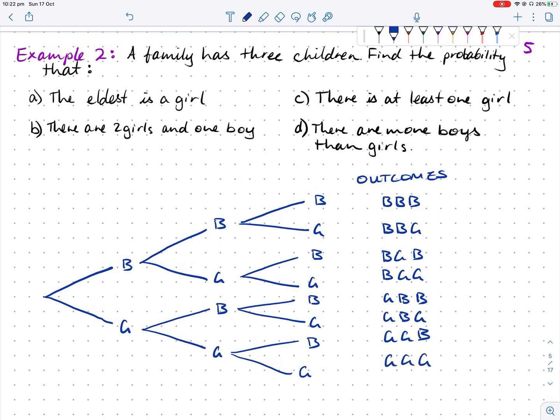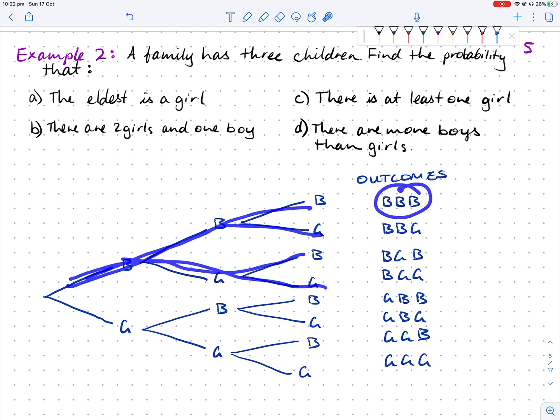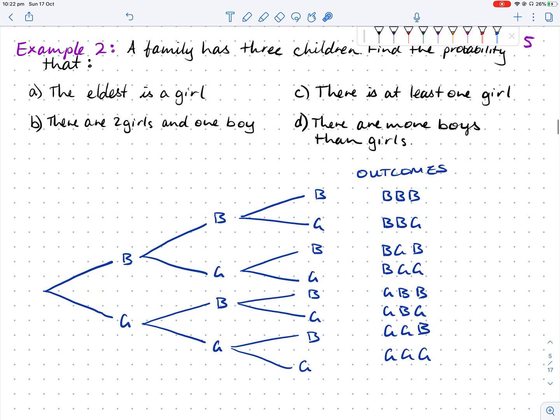All I did there was work out along each of those branches systematically, working my way down, and then write them out here. So it's nice to have a summary of this, and then you can look at the list in order to work out the answers. For the first question, what is the probability that the eldest is a girl?